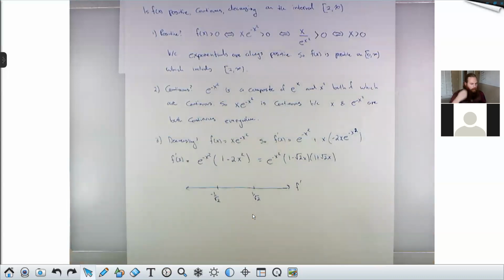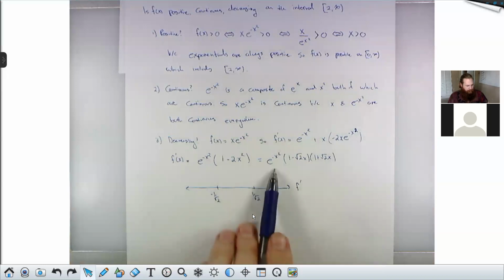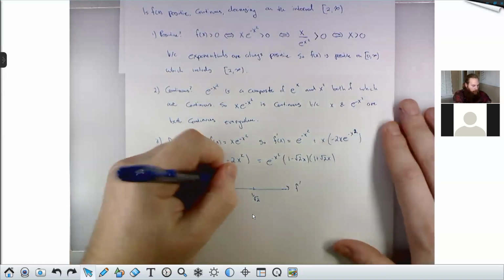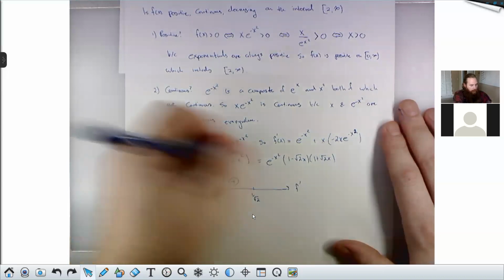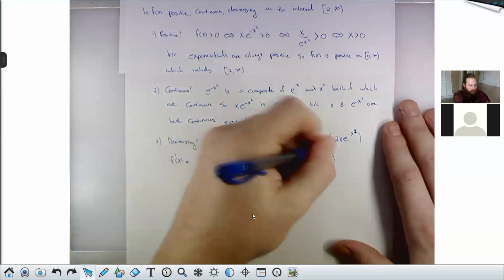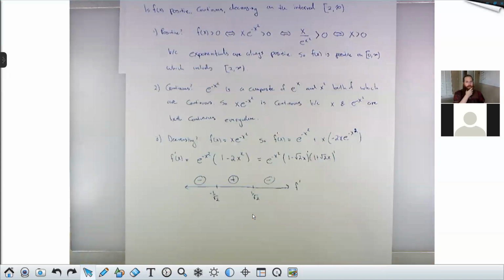And if you plug 0 in here, this piece is 1, this piece is 1, this piece is 1. So f prime is positive here, and therefore negative here and here, because each of these are multiplicity 1 factors.